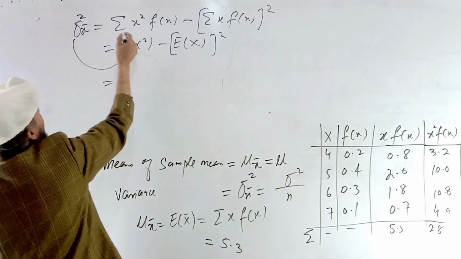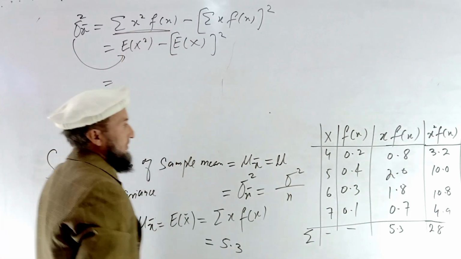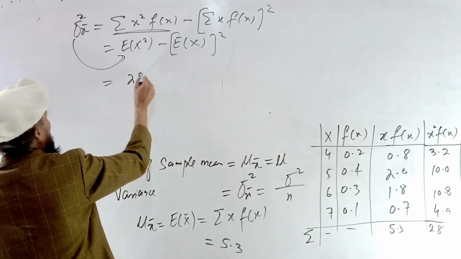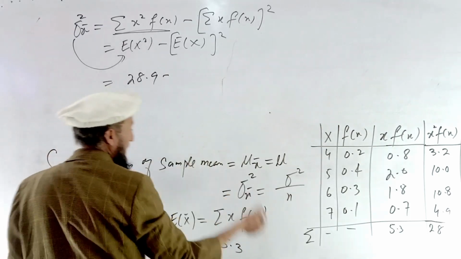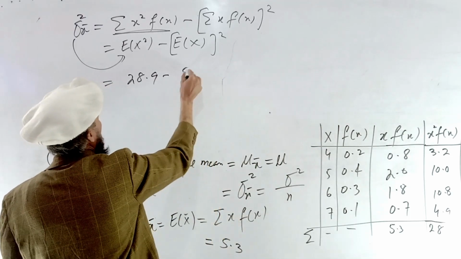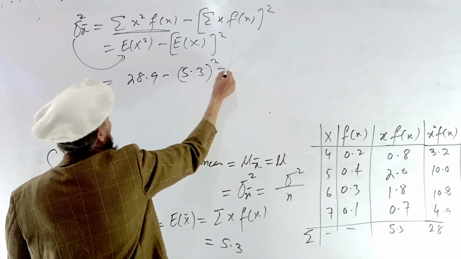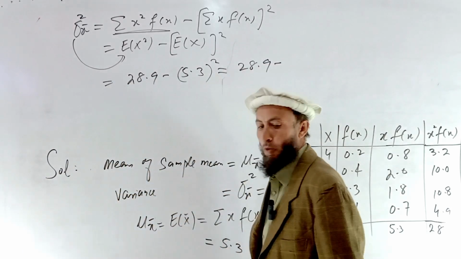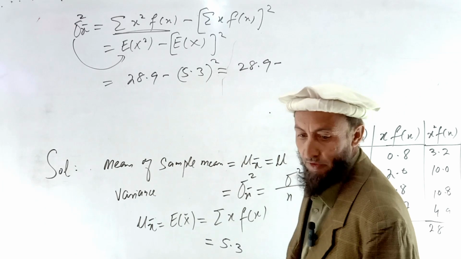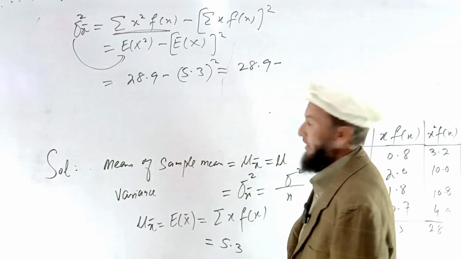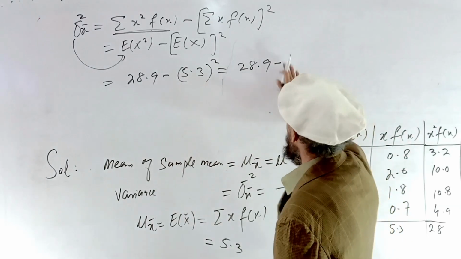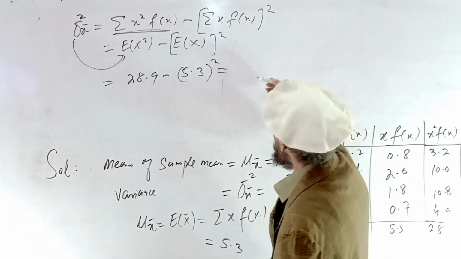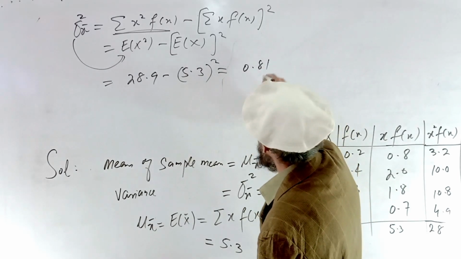We have already found 28.9, minus the mean we already calculated, 5.3, whole squared. If we calculate directly using the calculator, we get the answer 0.81.